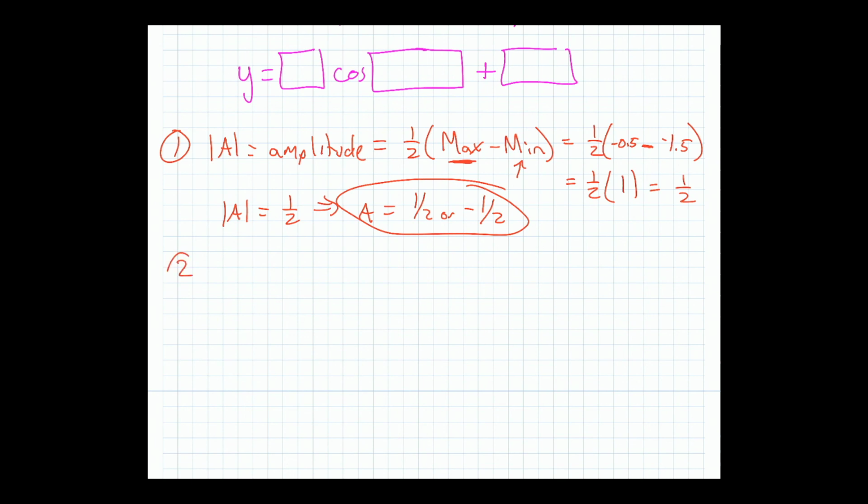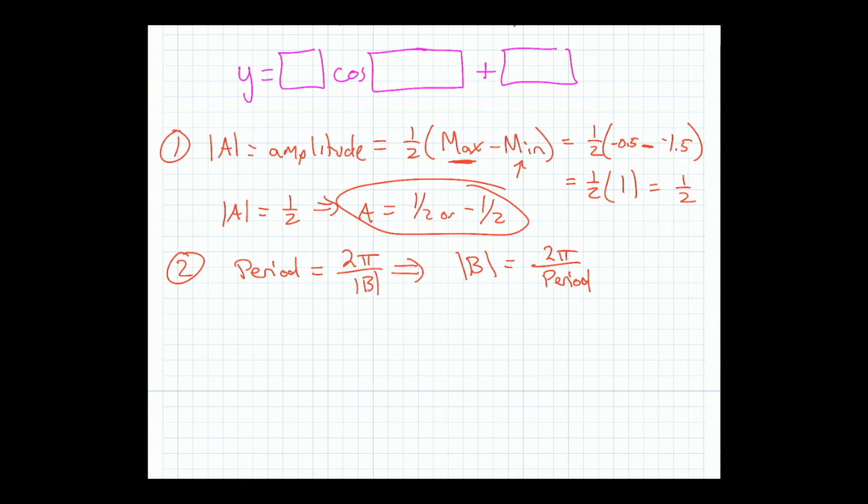Now the next thing you can do is find the B, because we know that the period is 2 pi over the absolute value of B. Now what we do here is rearrange this so that B is 2 pi over the period.